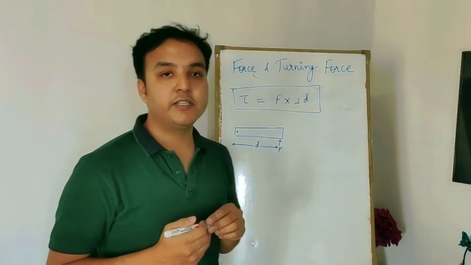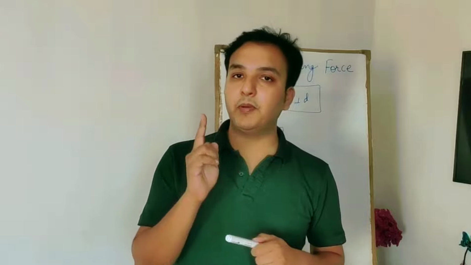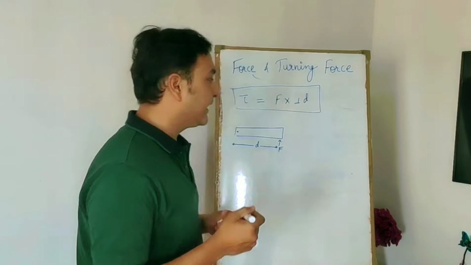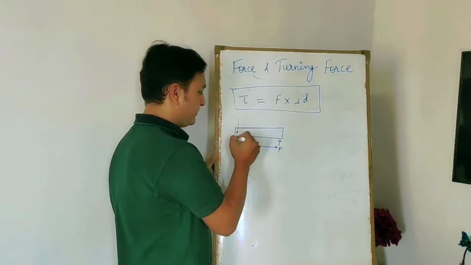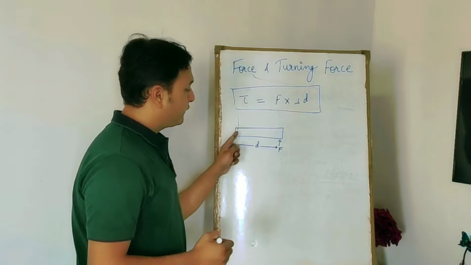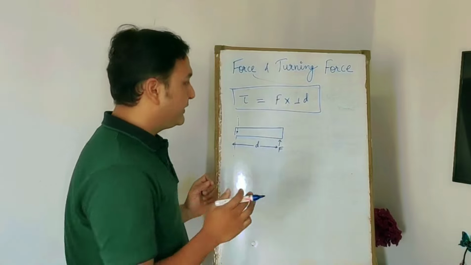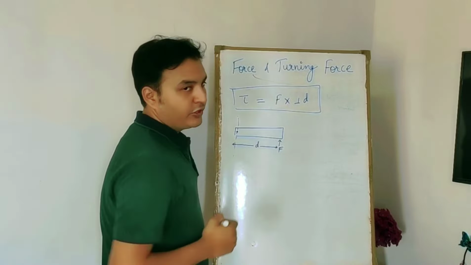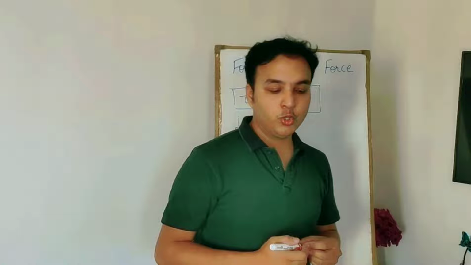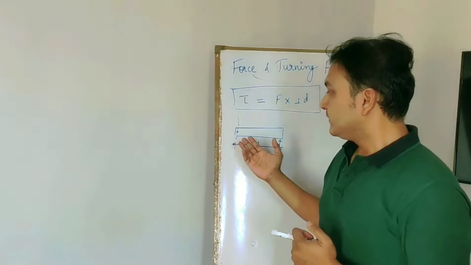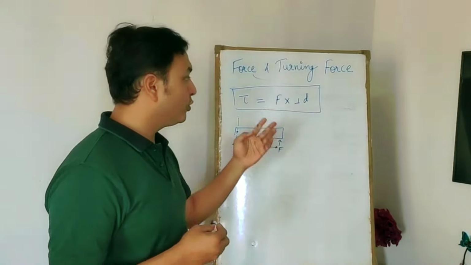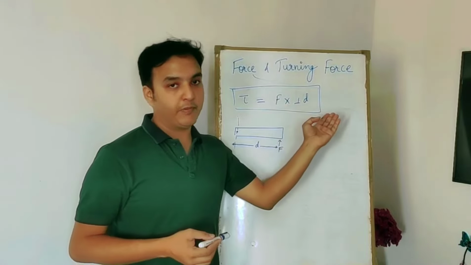This perpendicular distance is the distance between the applied force and the axis of rotation. This is the axis of rotation, so the distance between the pivoted point and the force applied is known as perpendicular distance. Obviously, this tau is dependent on two things, force and the perpendicular distance.